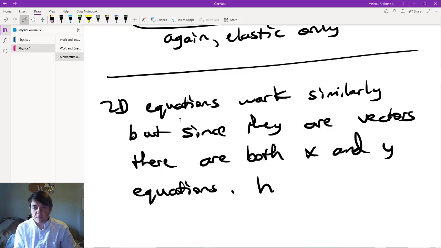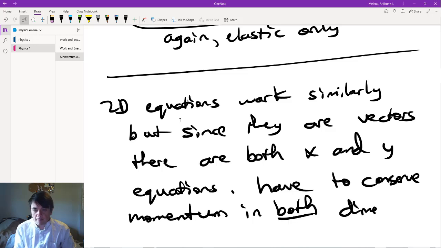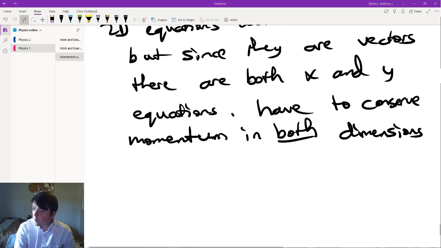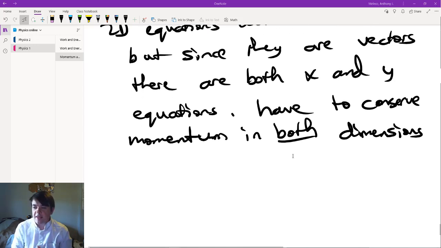So you have to conserve momentum in both dimensions. It's pretty challenging to do that, but I will talk about that in the examples video. For that we've got 1, 2, 3, 4, 5, 6, 7, 8 examples of momentum. I will do that in that video.